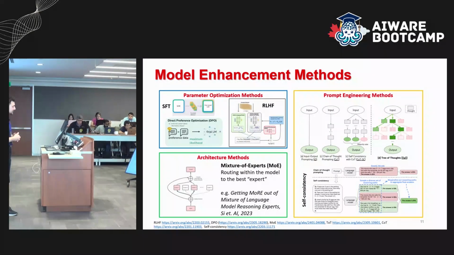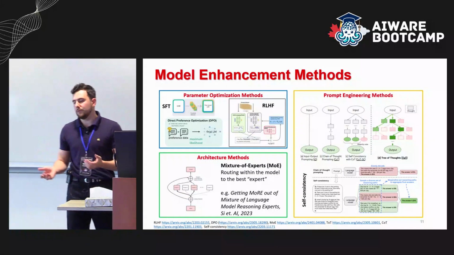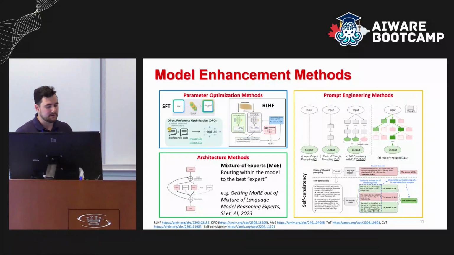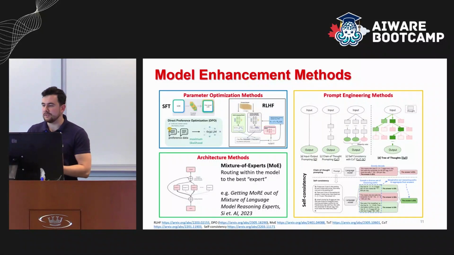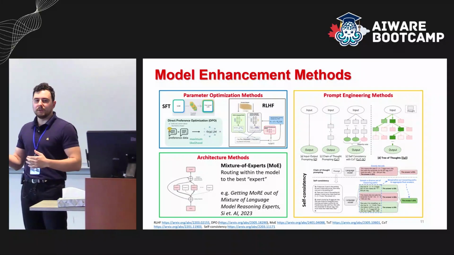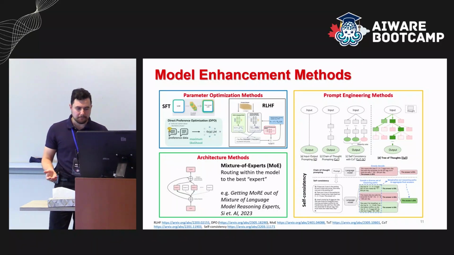At the bottom is self-consistency. Think of it this way: we're generating multiple outputs and trying to select the one which is majority voted. One of the questions in the previous talk was how do you end the conversation with the agent. One of the proposed solutions was majority vote on the solution. This is a similar thing, except now you're doing it with prompt engineering.